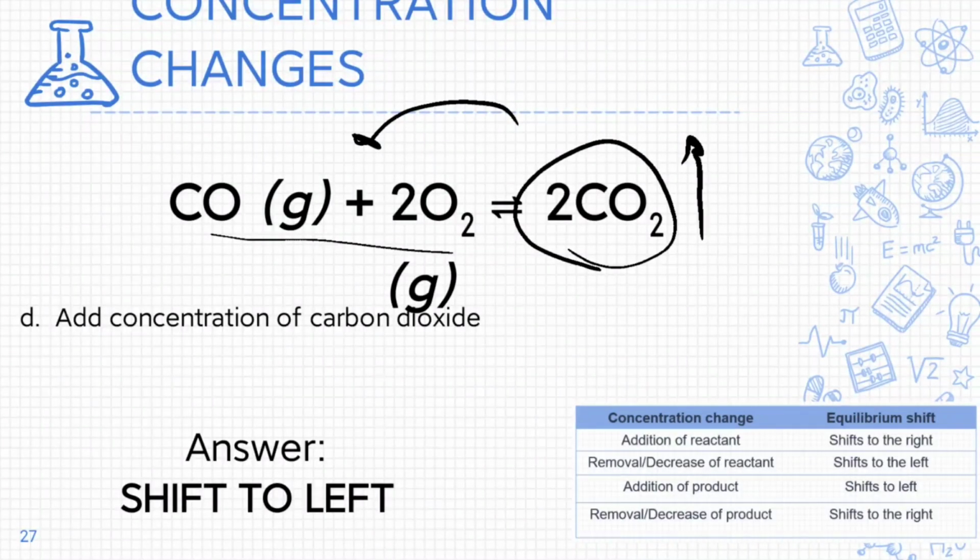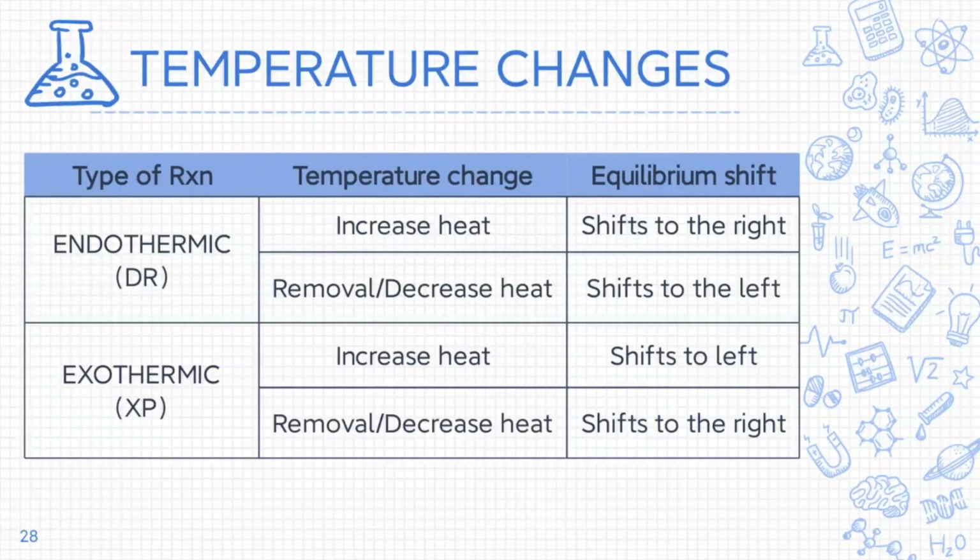Le Chatelier's principle. So, the next one is the temperature changes. In this case naman, we classify first if it is an endothermic or an exothermic reaction. If you recall, endothermic reaction, ibig sabihin DR, or the reactant side. Okay? Exothermic naman, XP, ibig sabihin the product side.